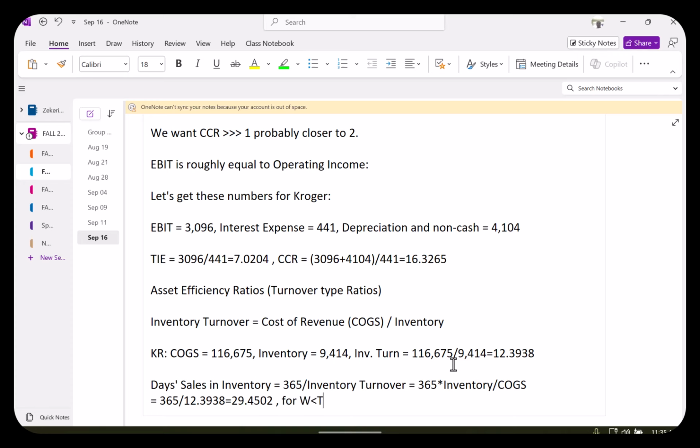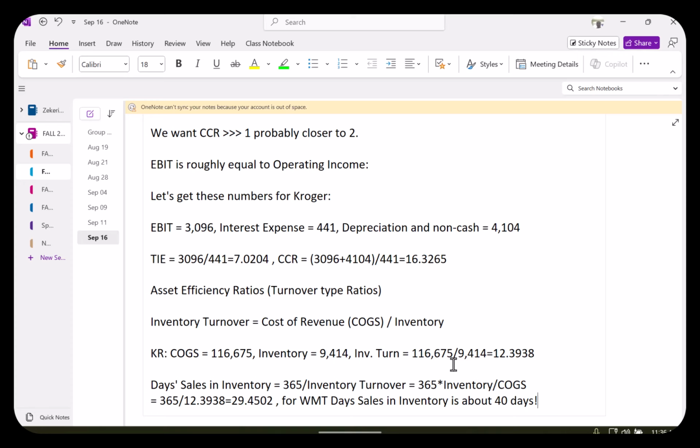For Walmart, I calculated this number. It's about 40 days. That means it takes Walmart longer to sell its inventory, about 10 days.